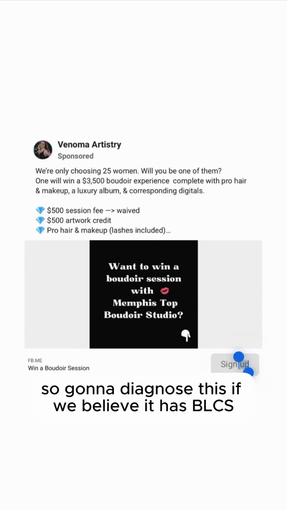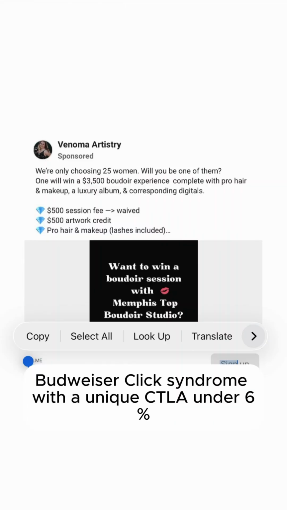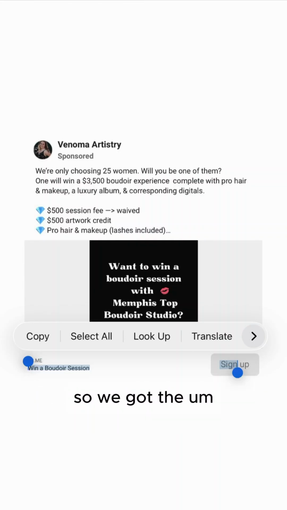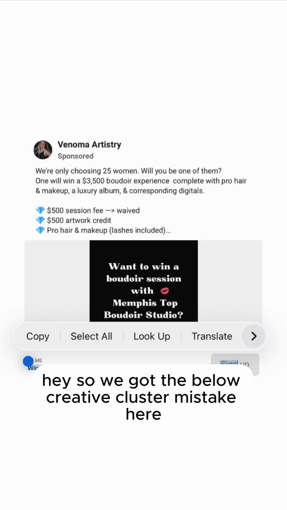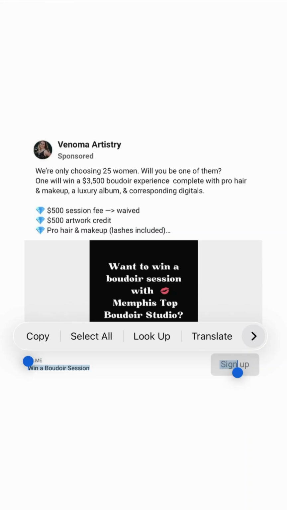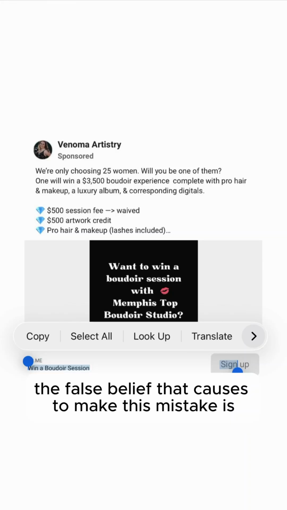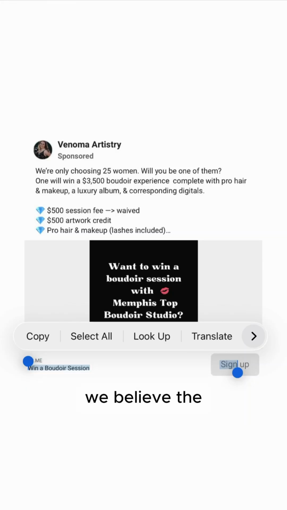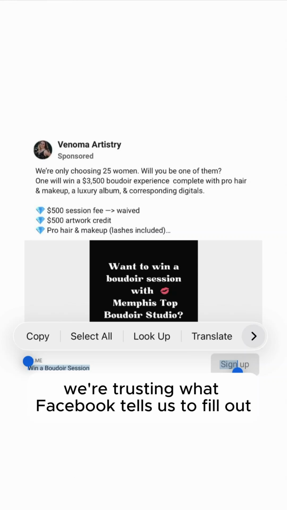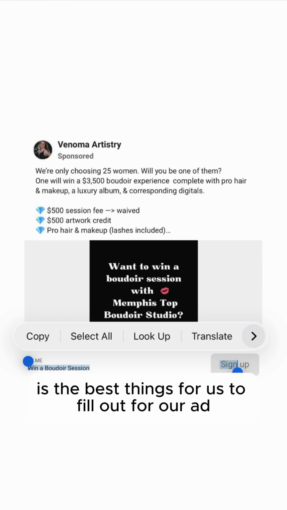So I'm going to diagnose this, see if we believe it has BLCS, Boudoir low click syndrome, with a unique CTR under 6%. So we got the below creative cluster mistake here. The false belief that causes us to make this mistake is we're trusting what Facebook tells us to fill out for our ad is the best thing for us to fill out for our ad.